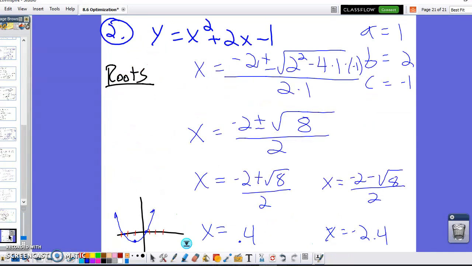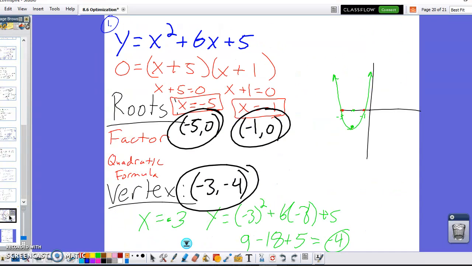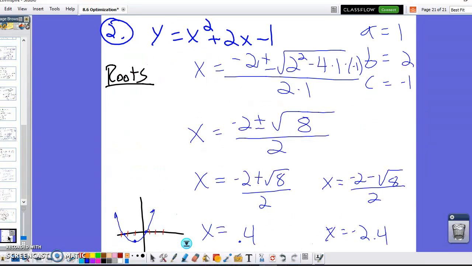I can also find the roots using the quadratic formula. The quadratic formula always works for me. However, the quadratic formula takes a little bit more time. So there are some pros and cons there. Factoring is faster and more comfortable for us, but doesn't work all the time. The quadratic formula is not as enjoyable to use, but always works.